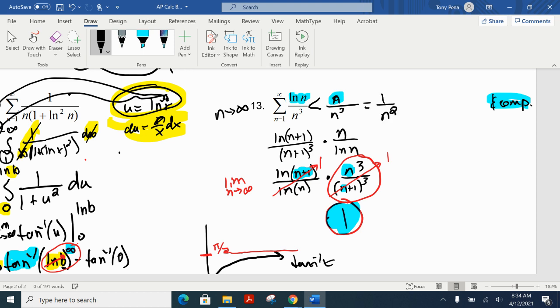Isn't that, as we reduce it, a 1 over n squared? 1 over n squared is a p series with a p of 2, and that's a convergent series. So what we've just shown is that our series is less than a convergent p series. If we are less than a converging series, then our series would also ultimately have to converge. And we did that through the comparison test.